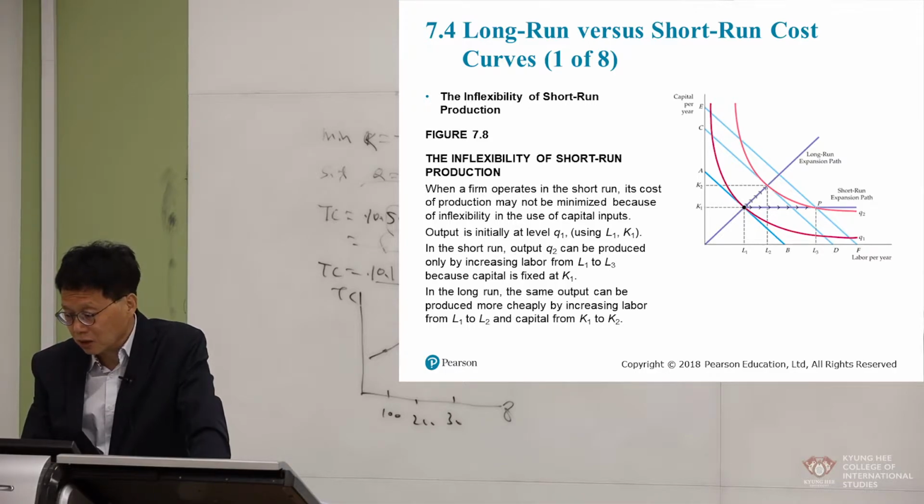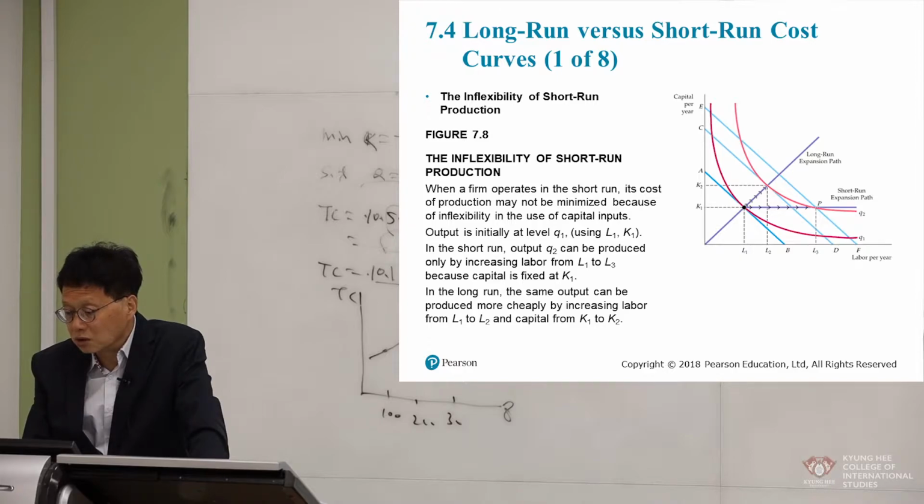Originally, in the short-run, you solve for Q1 and minimize the isocost line, total cost. The minimized isocost line is this one. So the optimal input mix is L1 and K1. In the short-run, you want to produce 100 pence of pizza to 200 pence of pizza, right?